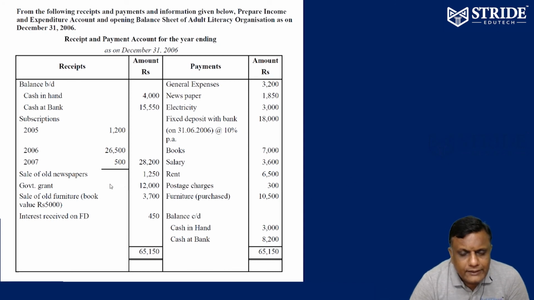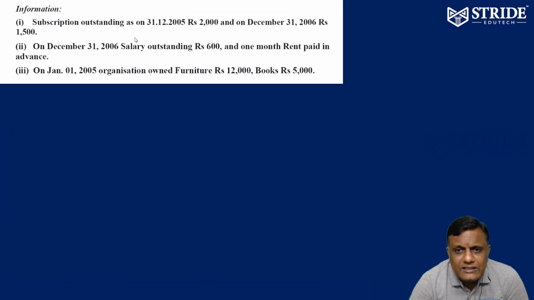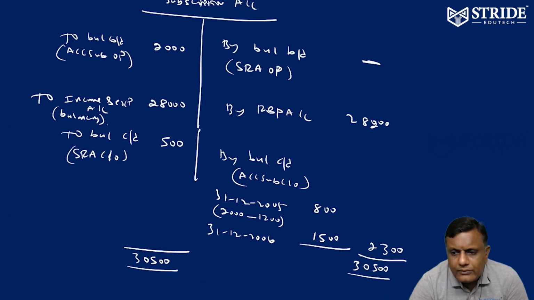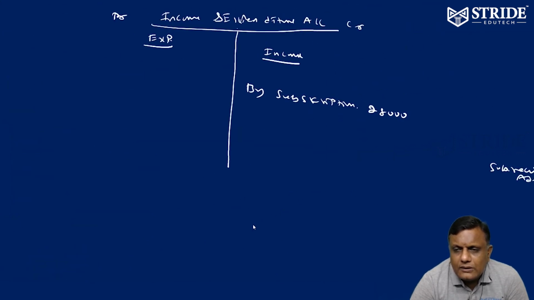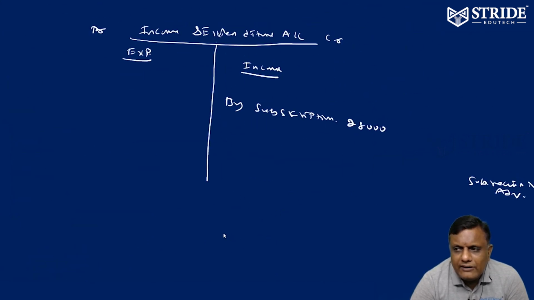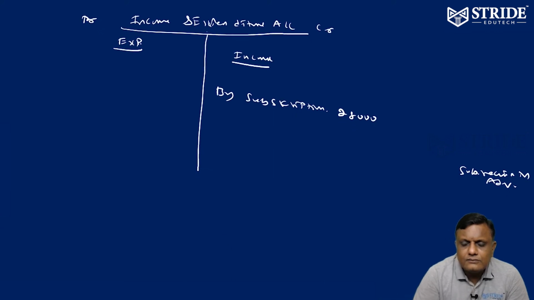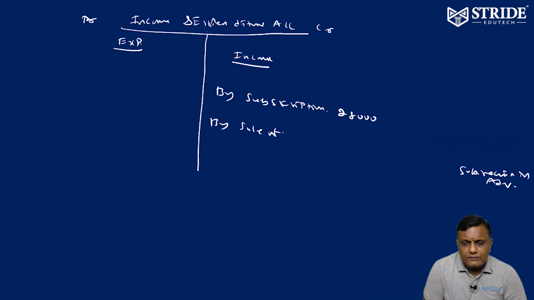Let's see. Sale of old newspaper. How much? 1,250. Is there any adjustment for sale of newspaper? No. So sale of newspaper is income. Sale of old newspaper 1,250.